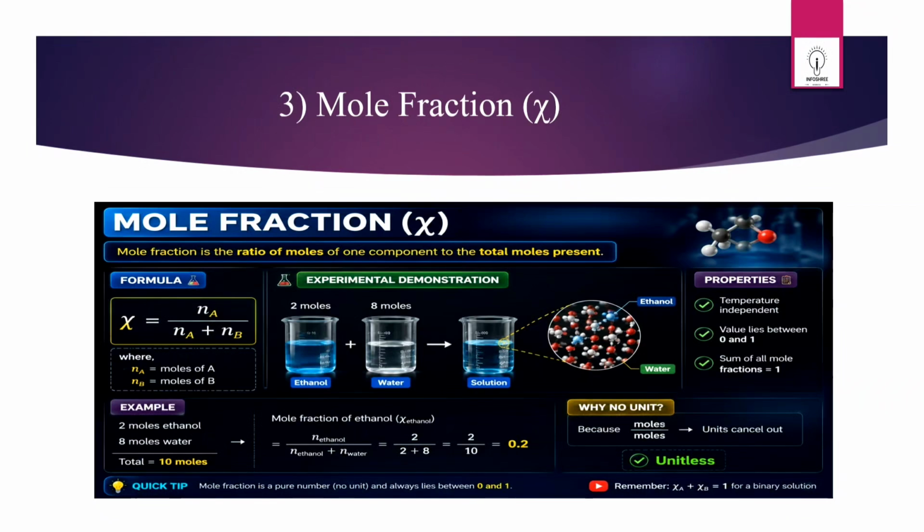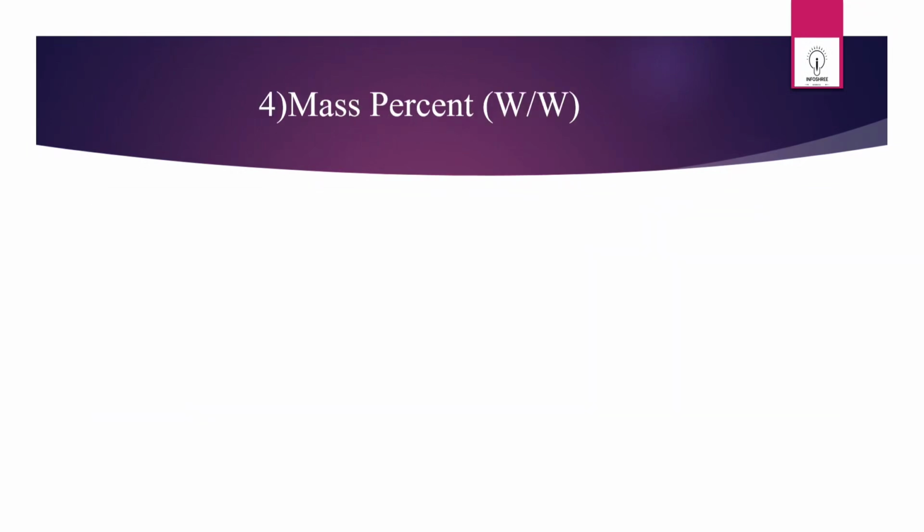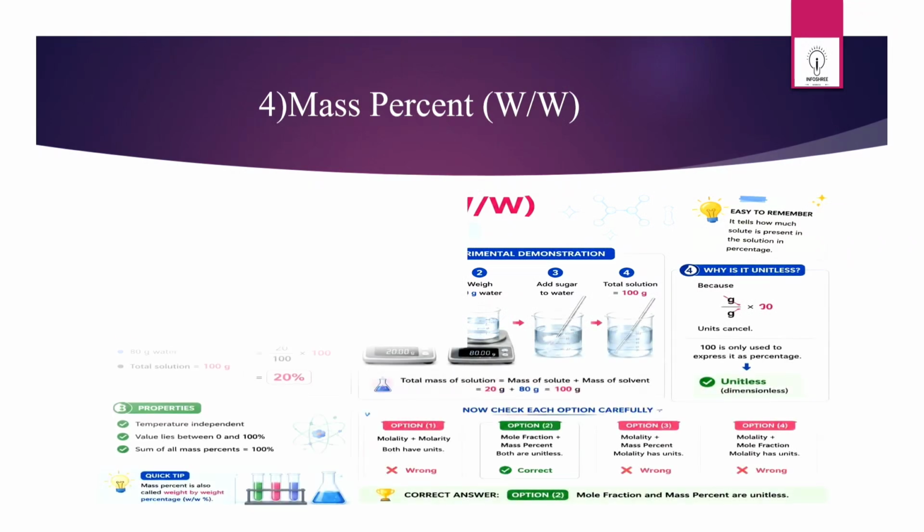So just remember the things I'm saying, and take a screenshot of this, or see the video again and again, then you will remember the things very easily. Okay, let's go to the next slide, that is mass percent. What is mass percent?